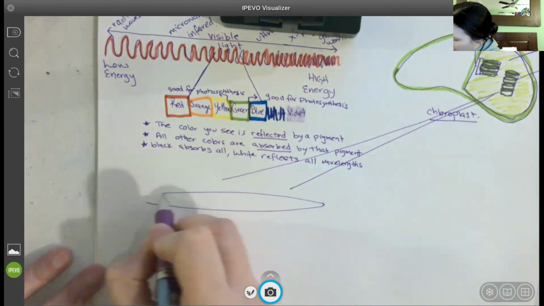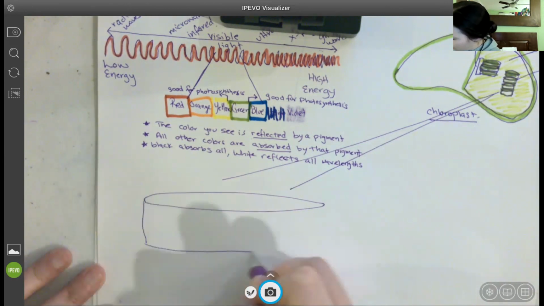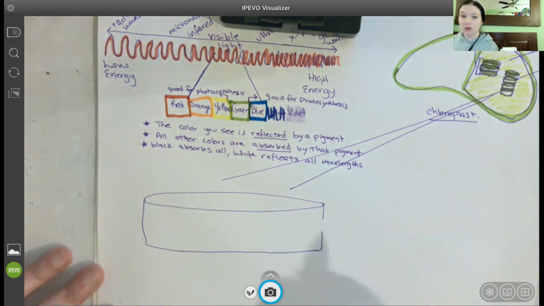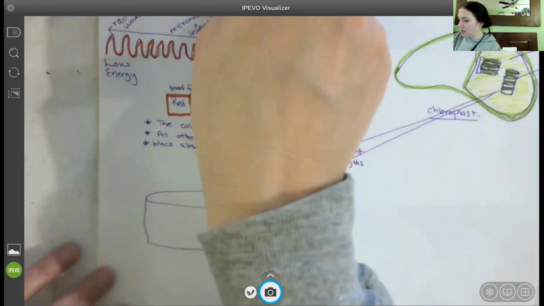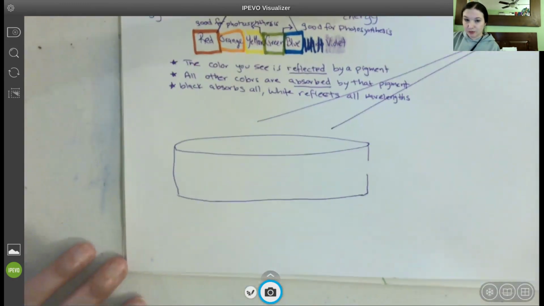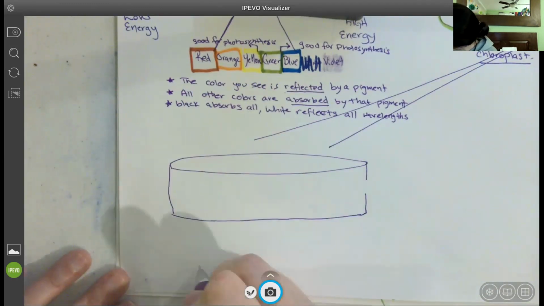I'm going to draw one giant thylakoid, and I'm leaving a gap in mine because that's where my ATP synthase is going to go.